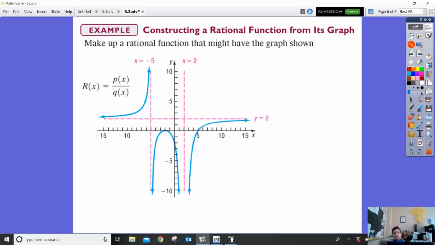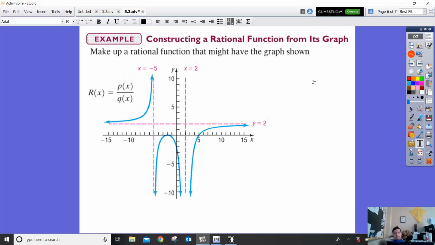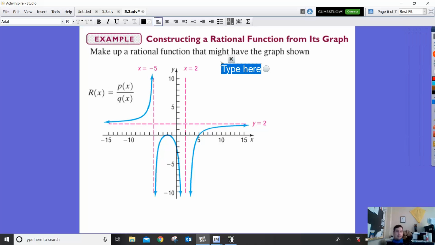Now, where are your zeros? -2, by the way, is a touch, and 5 is a cross.